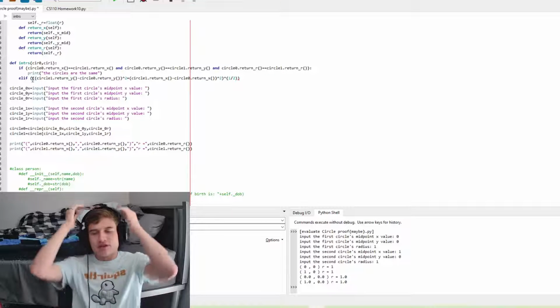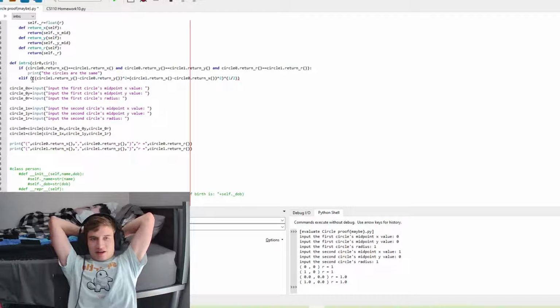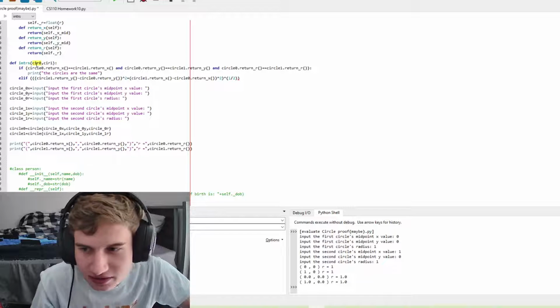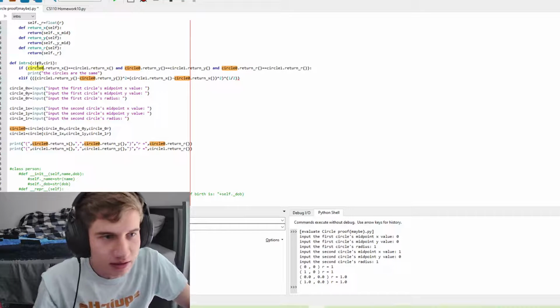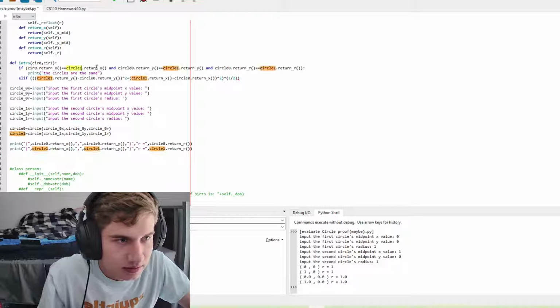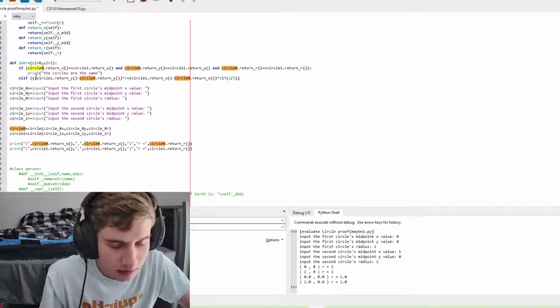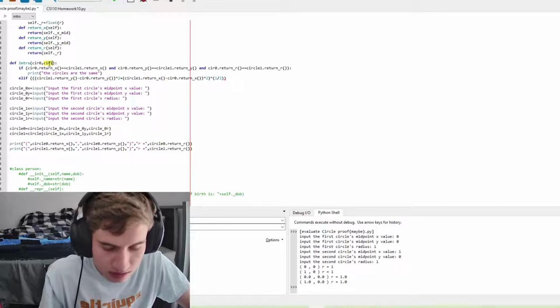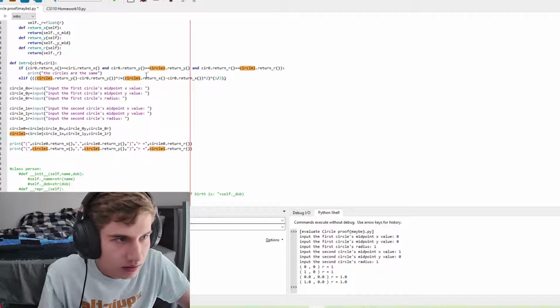I forgot, all of that I need to change. All of these over here need to be changed to this. Okay, so that's circle 0, circle 0, and then I change that to circle 1, circle 1.